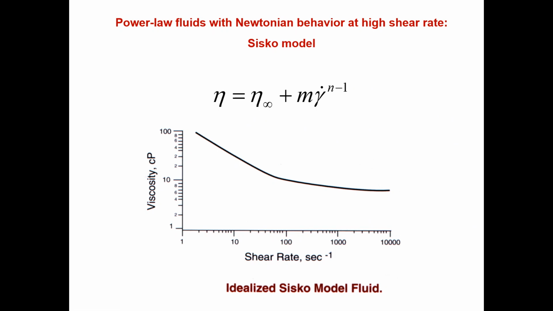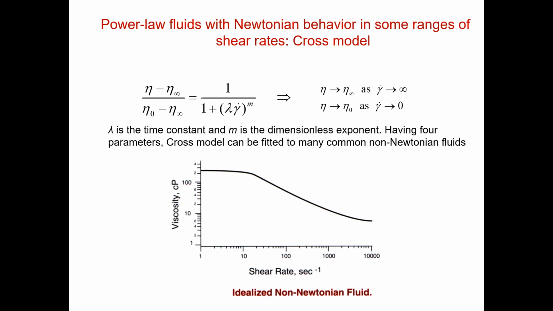It's just there we were guessing yield stress. Here we are guessing this viscosity, as the shear rate goes to infinity, so sort of like the asymptotic behavior of viscosity. And then the Cross model has 4 parameters.